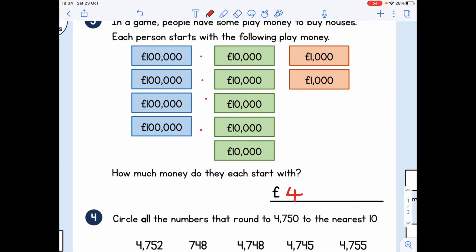How many 10,000s? 1, 2, 3, 4, 5. 5 10,000s, and then 2,000s. And we put the zeros in as placeholders to make sure that the number stays 452,000.